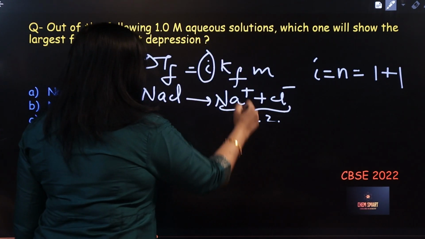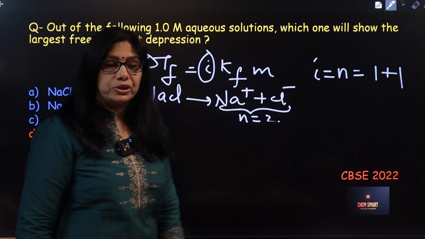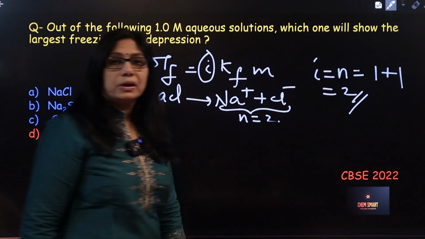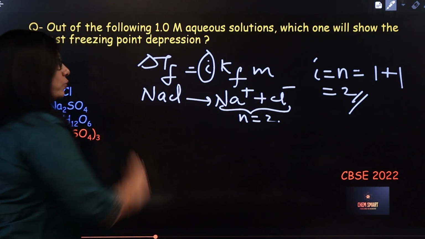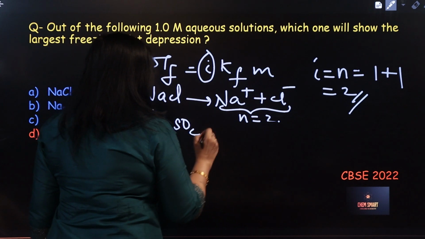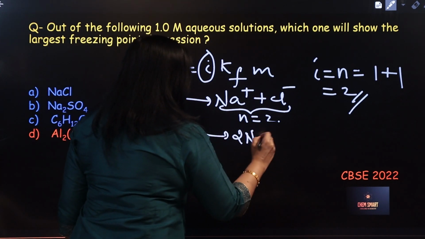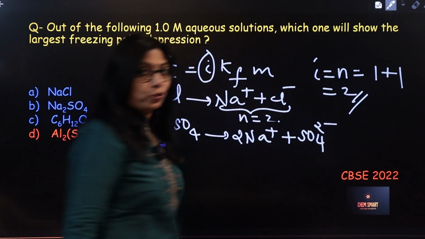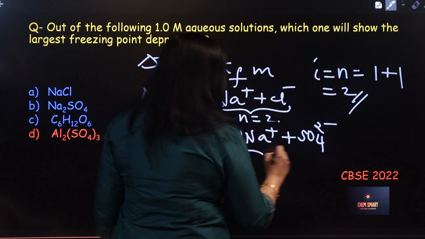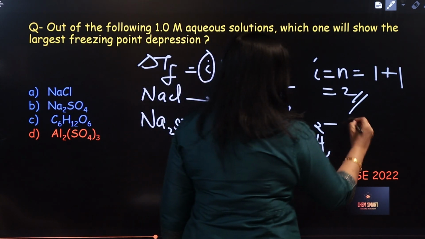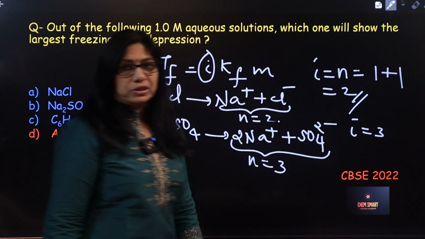That is total 2 particles coming after dissociation. So I will be 2 for NaCl. What about sodium sulfate? Sodium sulfate will dissociate to form 2 Na plus and SO4 2 minus. It is Na2SO4. So we are getting 2 plus 1, 3 particles after dissociation. So I will be 3 for sodium sulfate.